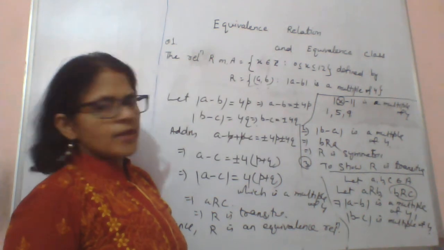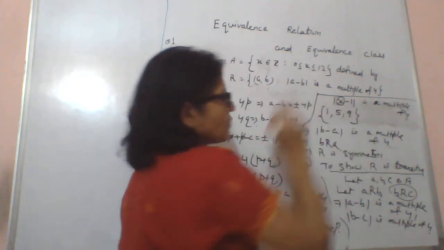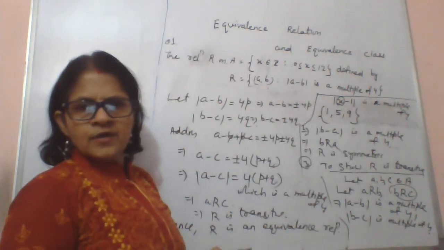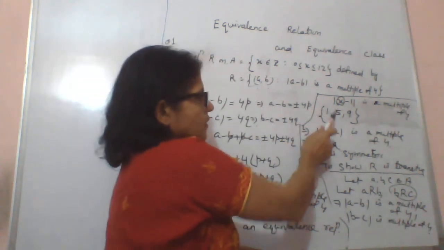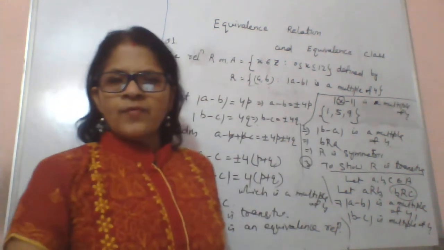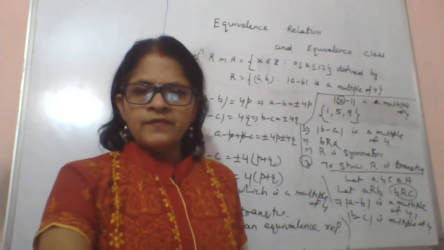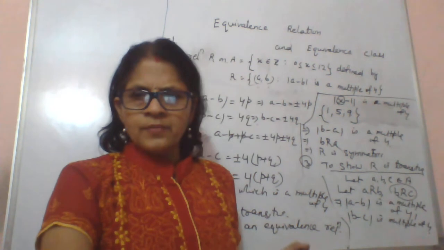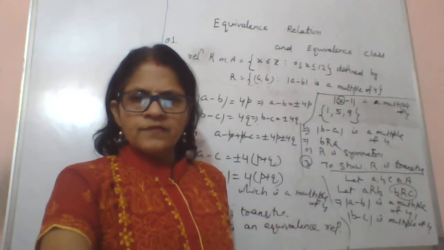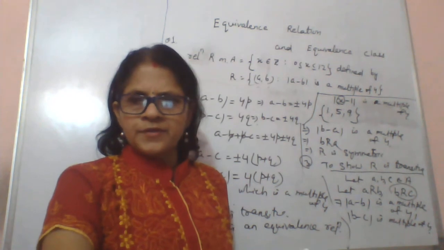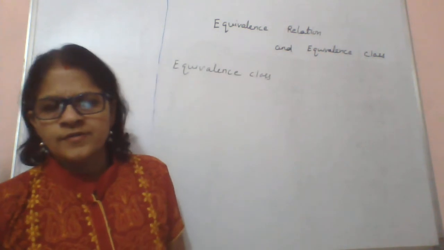So you cannot take any other value. So the set of all elements related to 1 is given by the set containing the elements 1, 5 and 9. So whenever you have to prove that a relation is an equivalence relation, this is the way you can solve it. Okay, our next one is equivalence class, right?